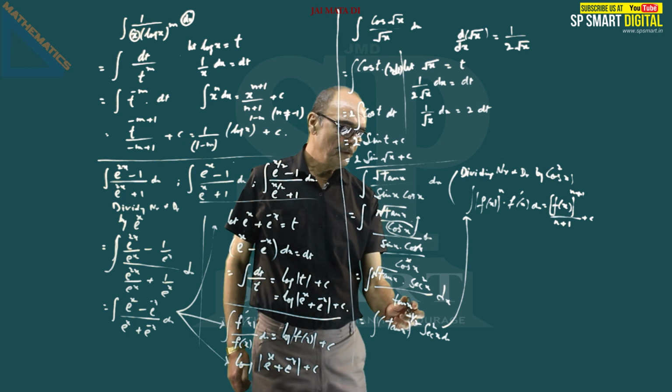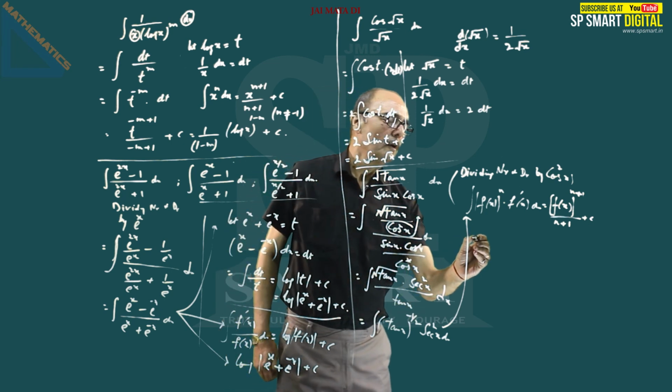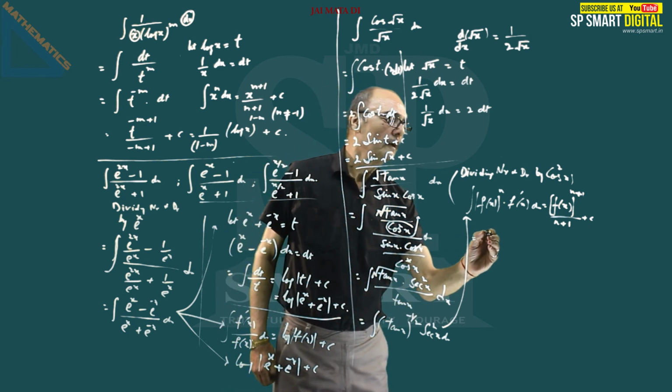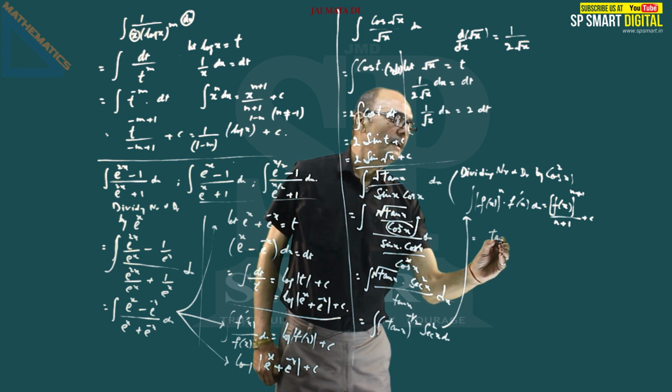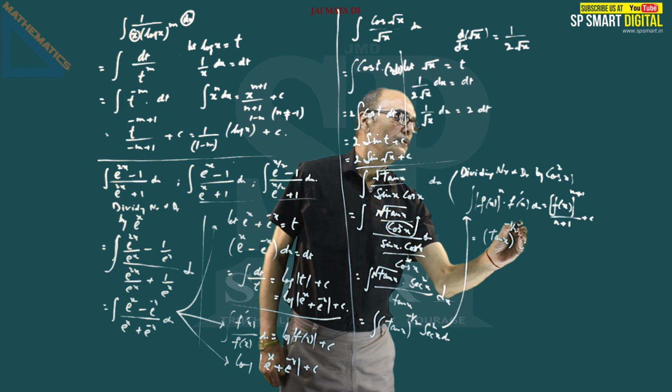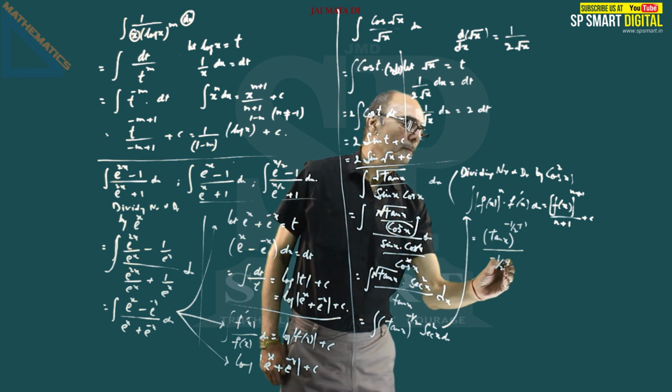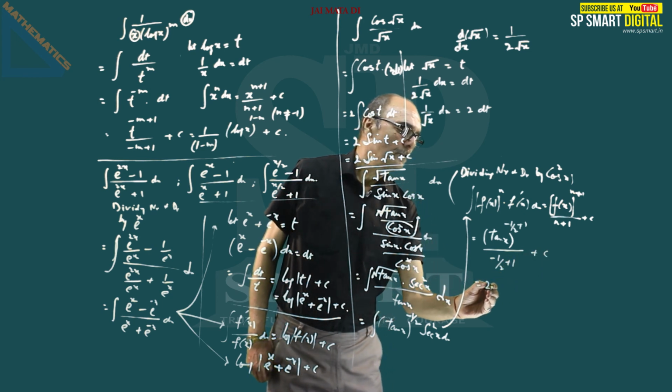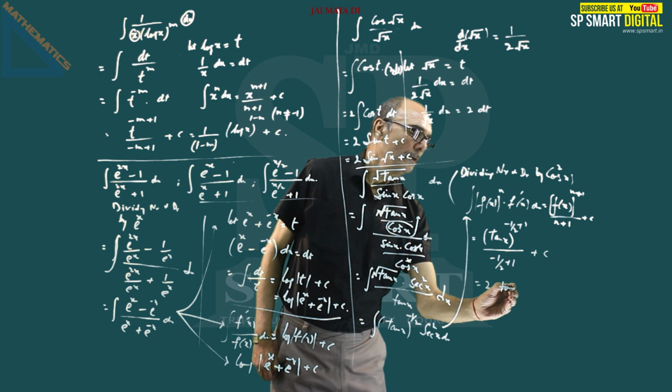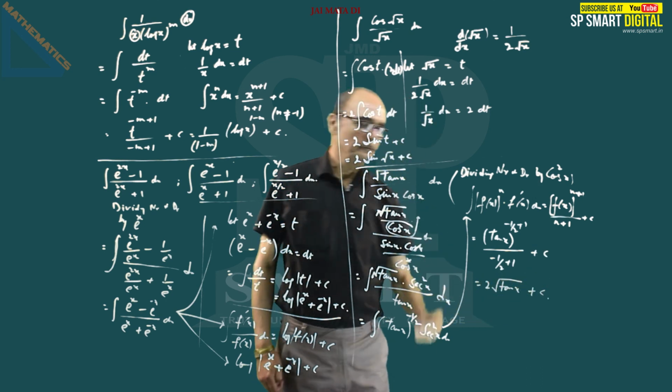So, n stands for minus 1 by 2. So, this will be tan x raised to power minus 1 by 2 plus 1 over minus 1 by 2 plus 1 plus c, and when you simplify, this is 2 tan of x root plus c.